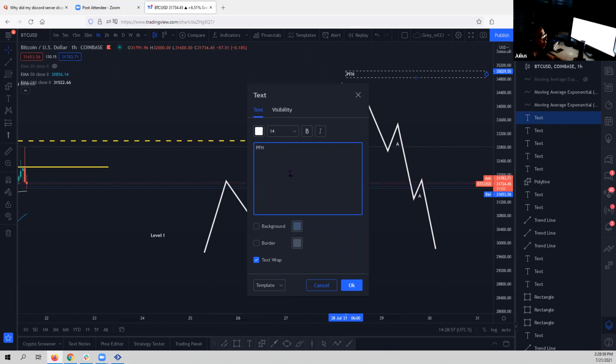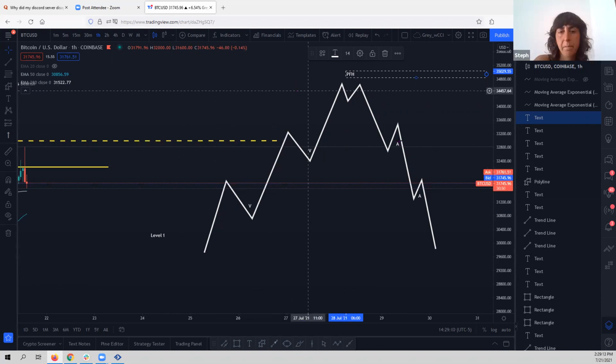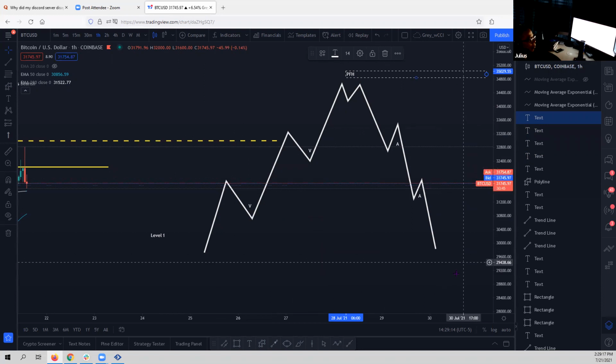Peak formation, right there. But in here, these are the pushes. You see the levels? 1, 2, 3, peak formation. 1, 2, 3, peak formation low.